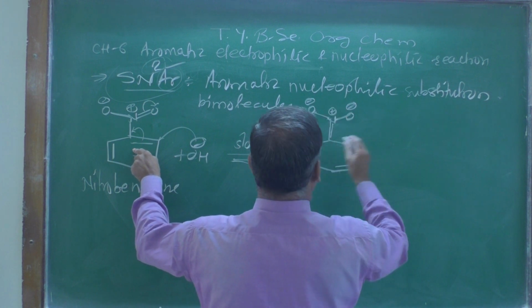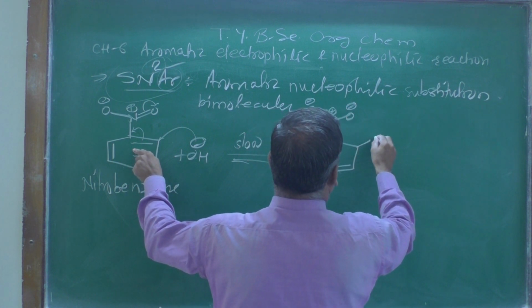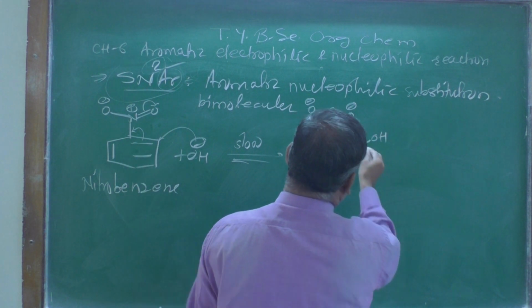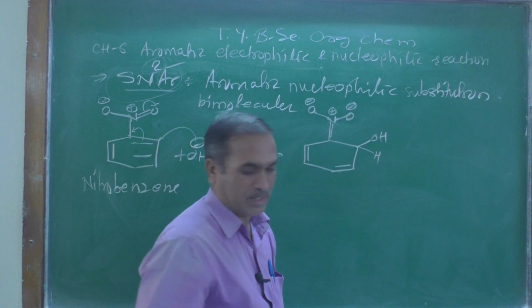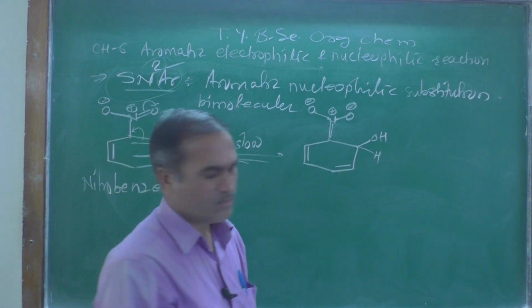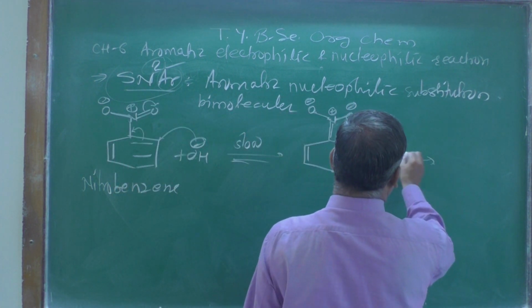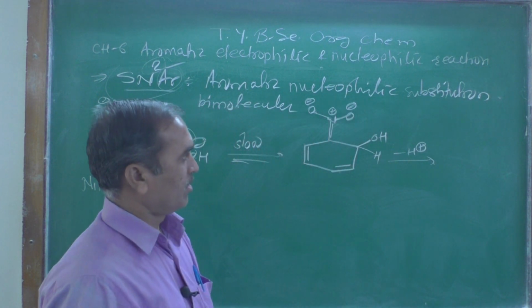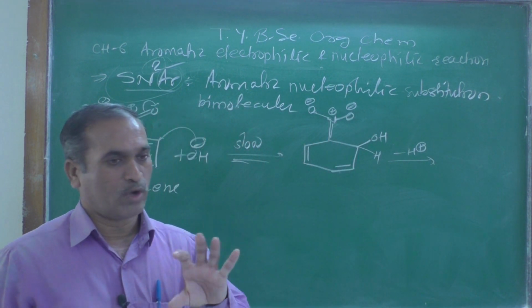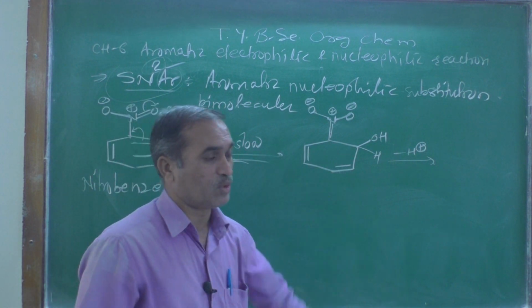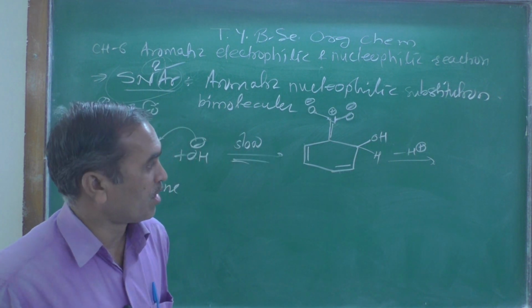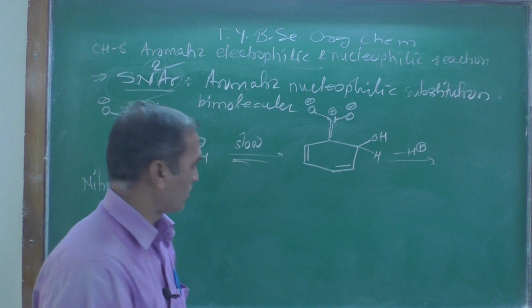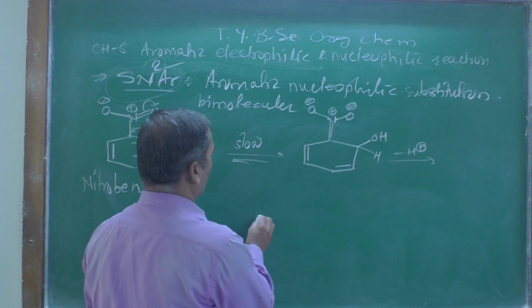Here we put a positive charge, and here again an OH. Now here we can lose H, right? And there is a possibility of OH leaving as well, if you compare these two.